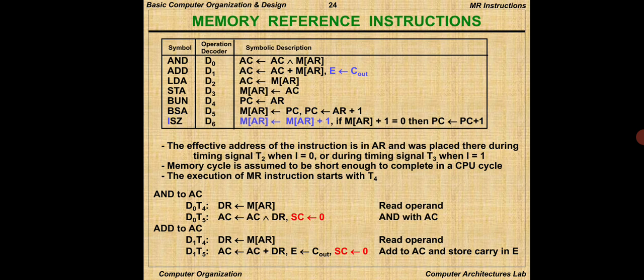BUN is nothing but branch unconditionally. Next is branch and save the return address. Next, increment and skip if 0. These are the memory reference instructions.